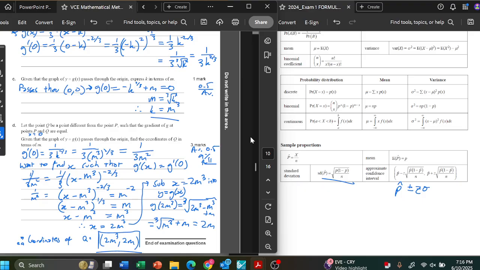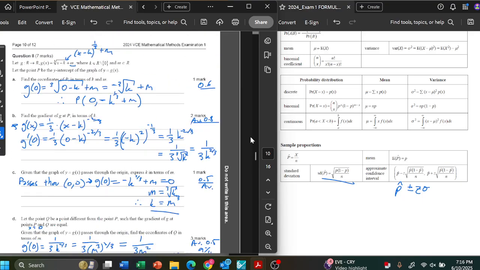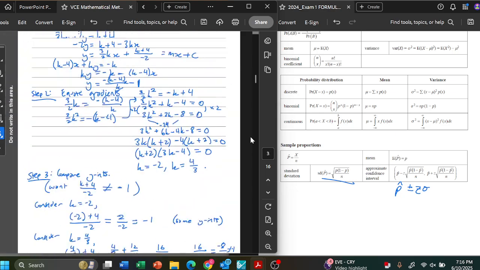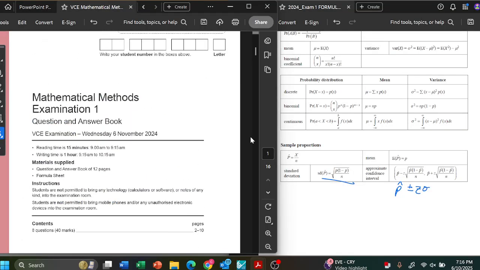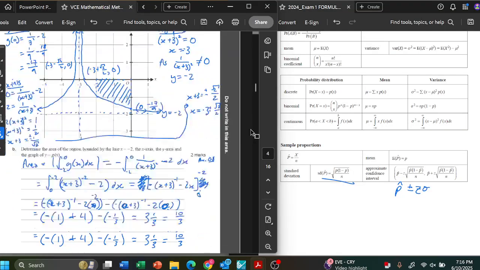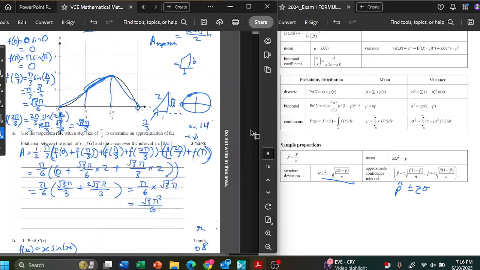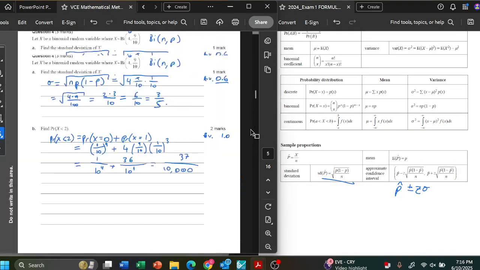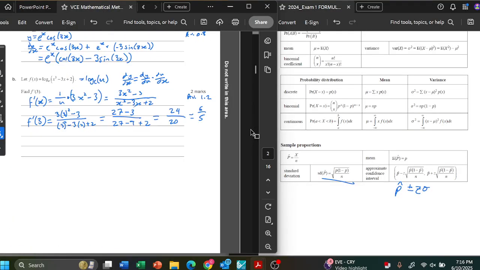All right, so that is exam 1. We've gone through the entire thing now. There's quite a lot of questions of a range of difficulties there. Really quite a tough exam. And of course, you can expect that this year's exam will probably be a similar level of difficulty, right? So we should be focusing on what? We should be focusing on our algebra skills.